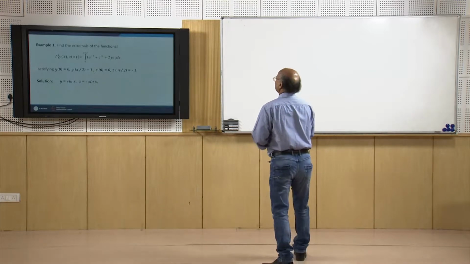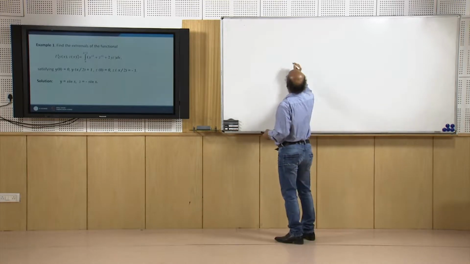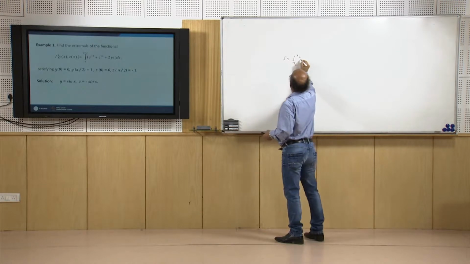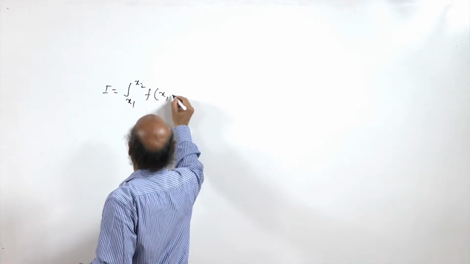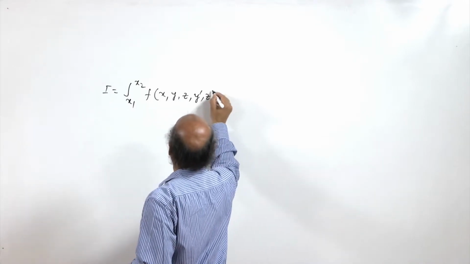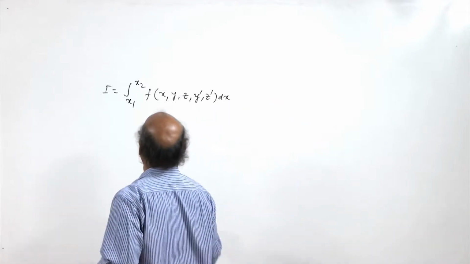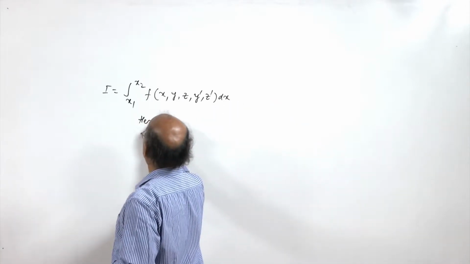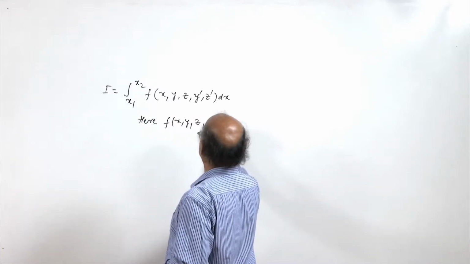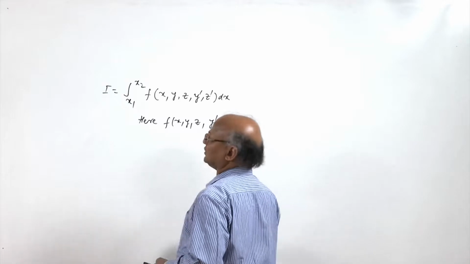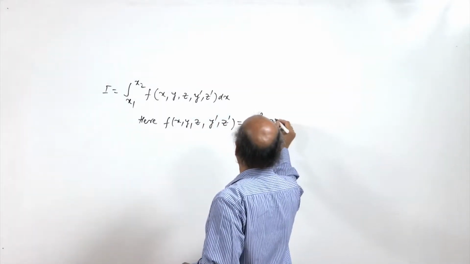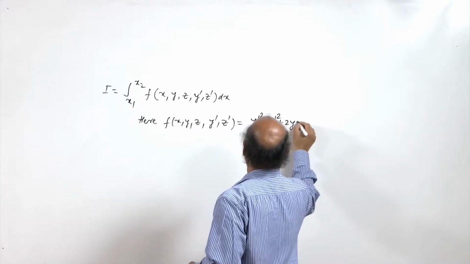So here if you compare it with the standard form, the integral from x1 to x2 of F(x, y, z, y dash, z dash) dx, we have F equal to y dash square plus z dash square plus 2yz.